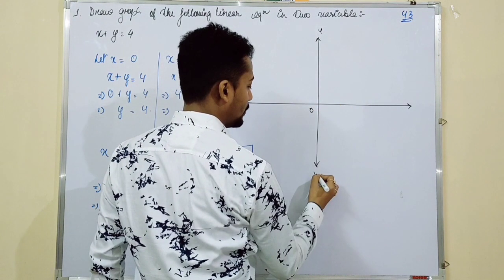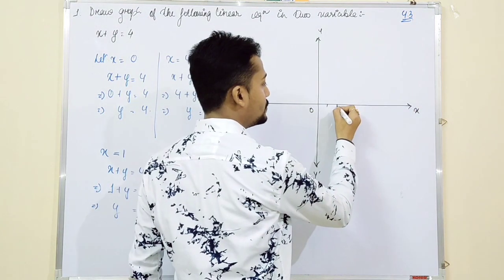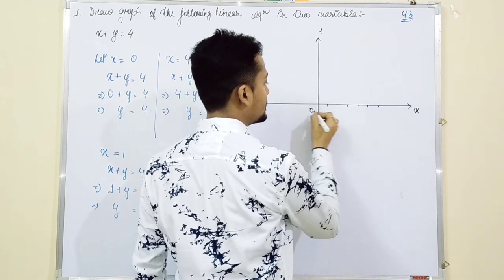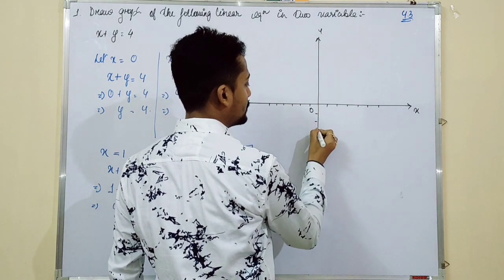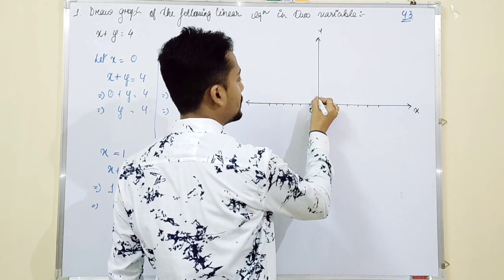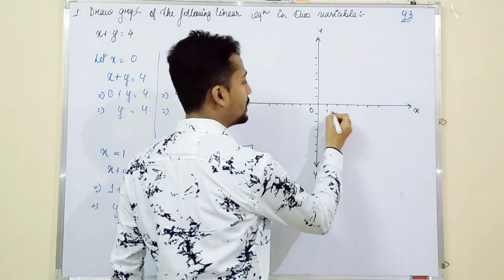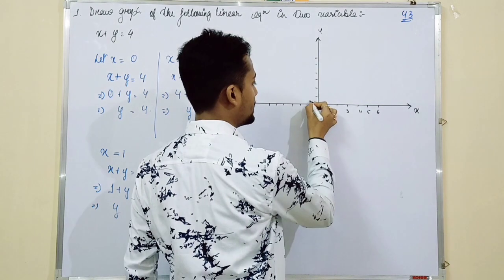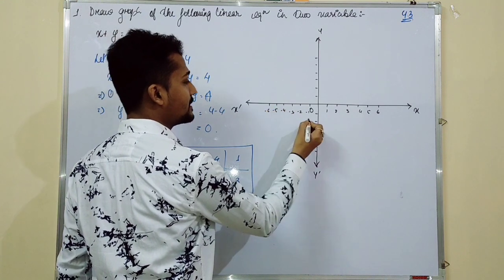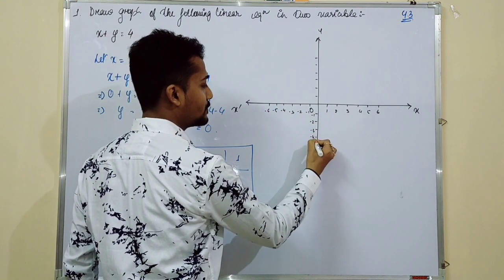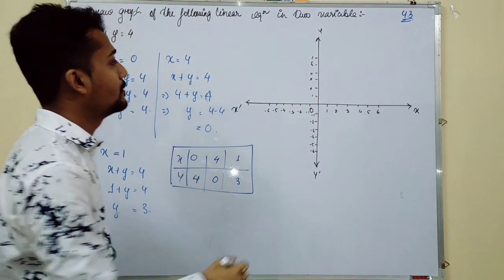Origin O, Y'OY, X'OX. Now the marks: 1, 2, 3, 4, 5, 6 on each positive side, and on the negative sides minus 1, minus 2, minus 3, minus 4, minus 5, minus 6. Small numbers you will be taking.